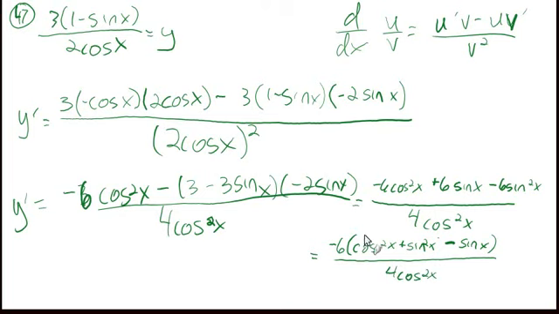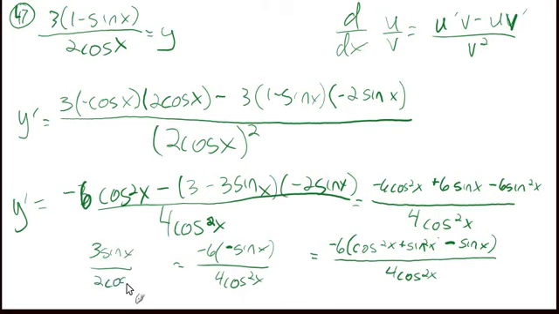And cosine squared plus sine squared is 1. So we're coming back this way. Negative 6 times negative sine x over 4 cosine squared x. And this can become a 3 sine x over a 2 cosine squared x.